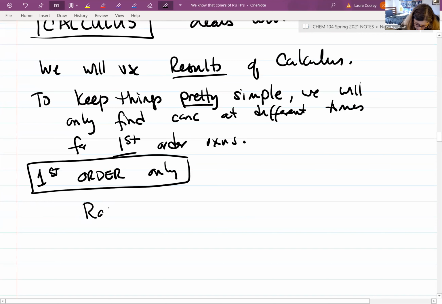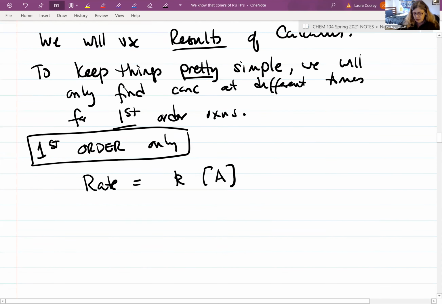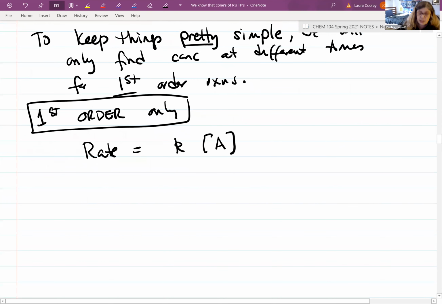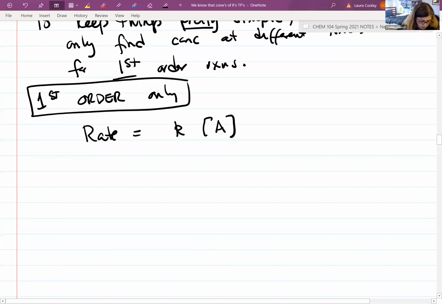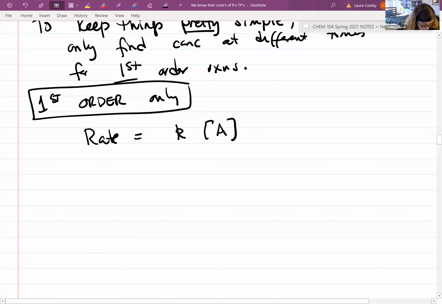So the rate for a first order reaction is just k times the concentration of reactant. We can use calculus, or someone else can use it and derive the equation, and then we could use it. It's a simple application, and I'm going to show you. So if you haven't had calculus, you can just write the result down. But those of you who have had some calculus can see how easy this is.